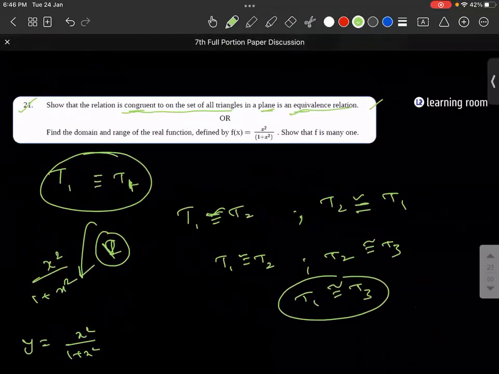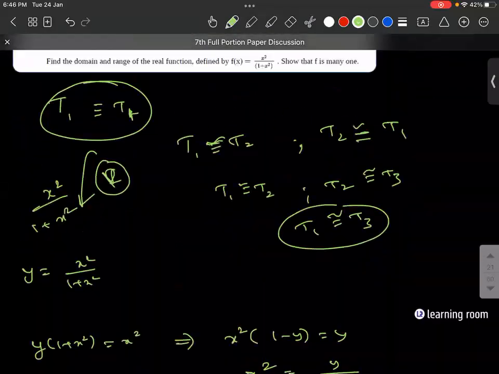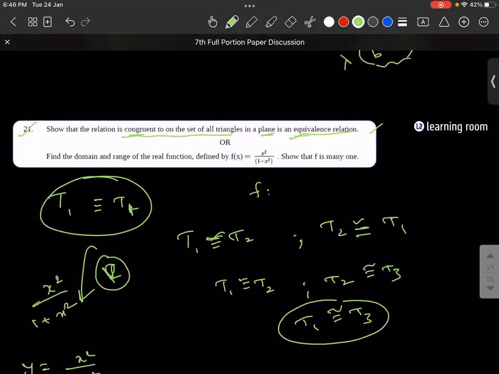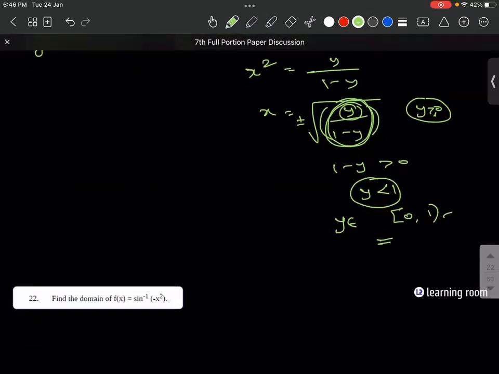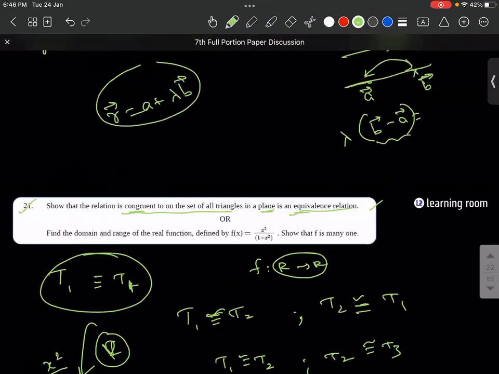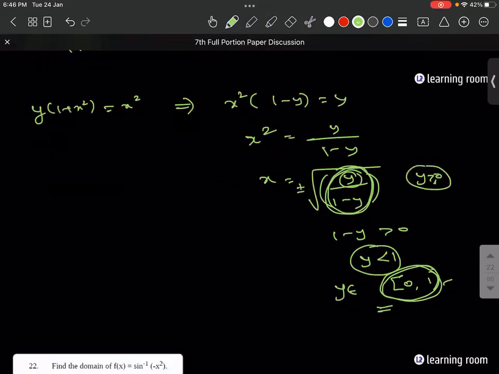Now show that f is a many to one function. Oh, they're asking many to one. No, it's not about onto. Why is it many to one?